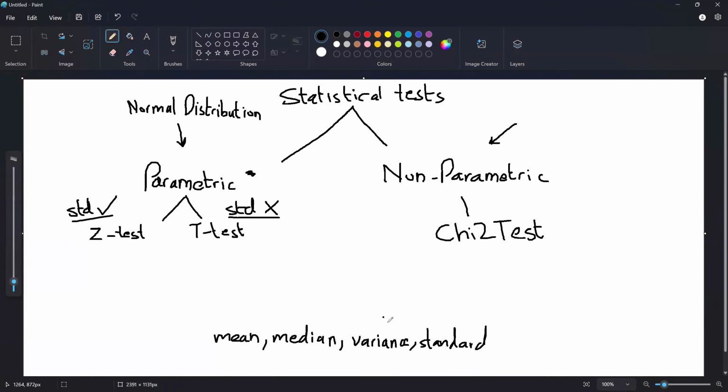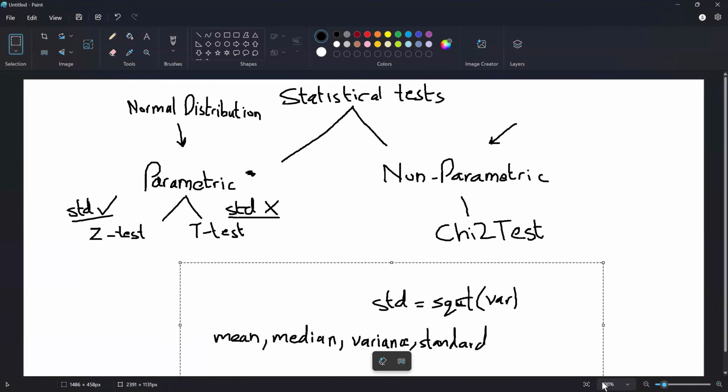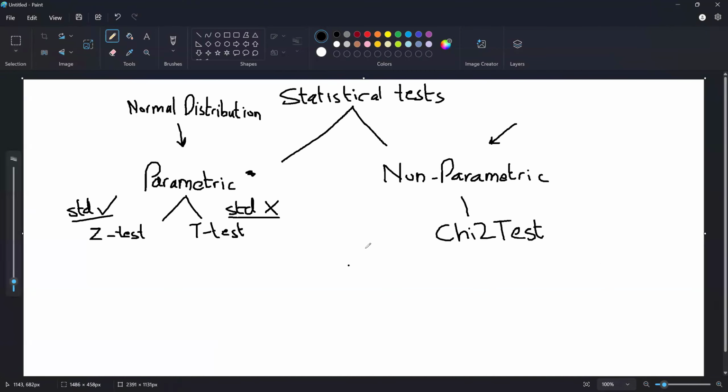What is the relationship? Standard deviation is basically the square root of variance. So if they give a variance and they ask you to know the standard deviation, you just take a square root of variance. Okay, so you will know what it is soon enough. So this is for universal.